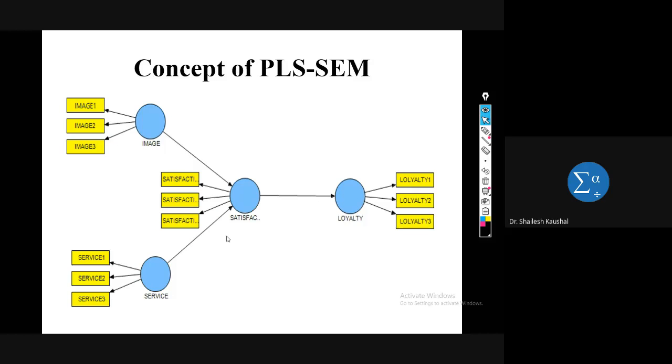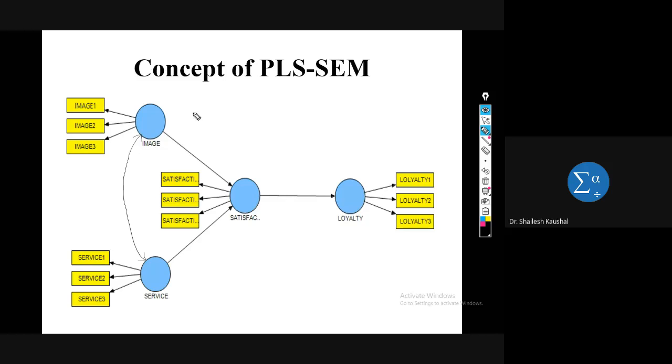Now the question is, this is the PLS-SEM model. So what is the difference? In case of CBSEM, we take covariance, meaning covariance based. Here there is a double headed arrow in CBSEM.